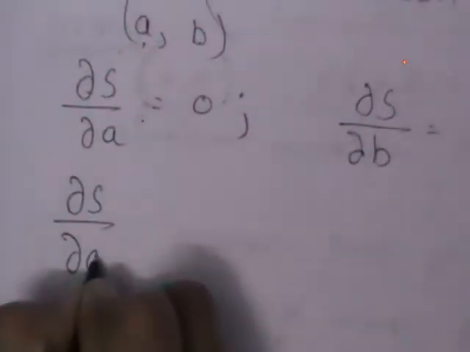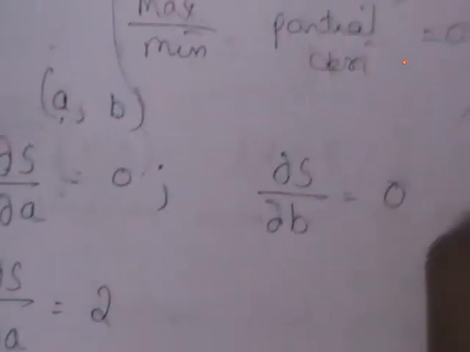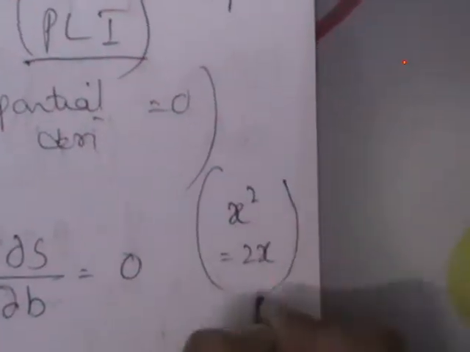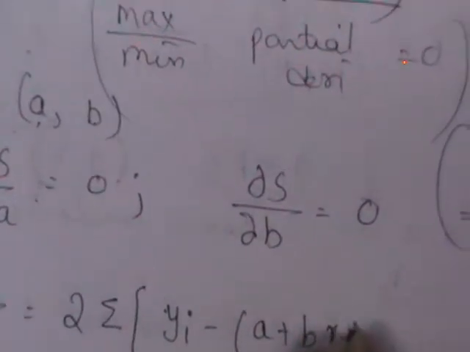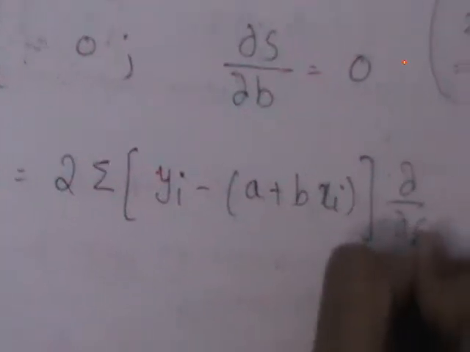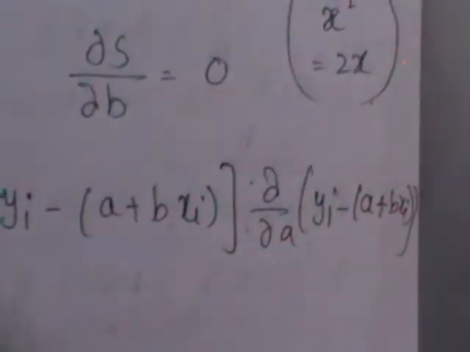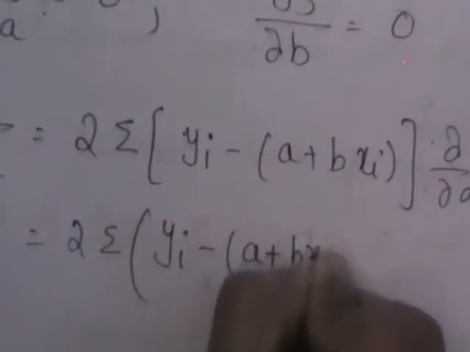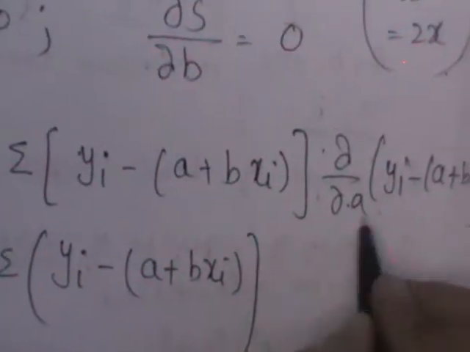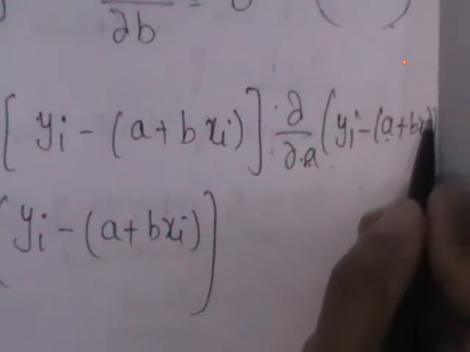Now dou S by dou a means, here you have a square, whose derivative is 2 times the term. What is the derivative of x square? It is 2x. So 2 sigma (yi minus (a plus bxi)) into the inner derivative of this function. We are differentiating partially with respect to a, so except a, all others are treated as constants.